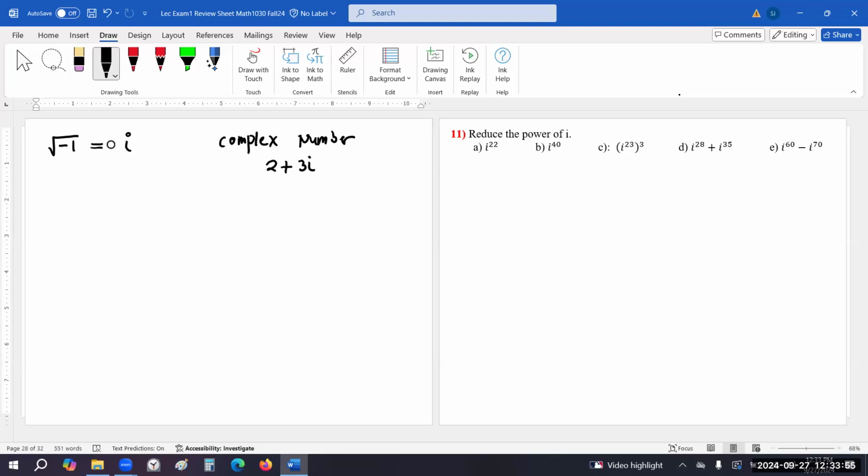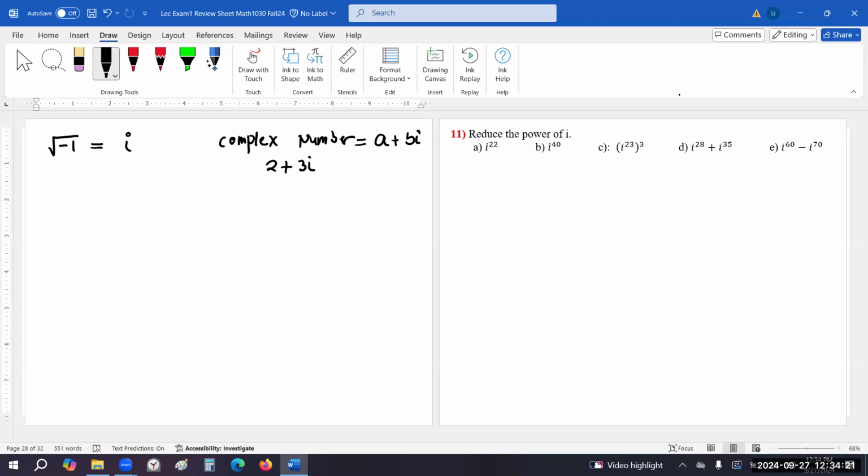We know what 2 is, but we have no idea what 3i is. So when you put together real and imaginary, both of them together, we call them complex. It's so complex, you have no idea what's going on. Okay. So the format for any complex number is a real number first, and then we add or subtract the imaginary portion. b is a real number, but i, we don't know what i is. Square root of -1.